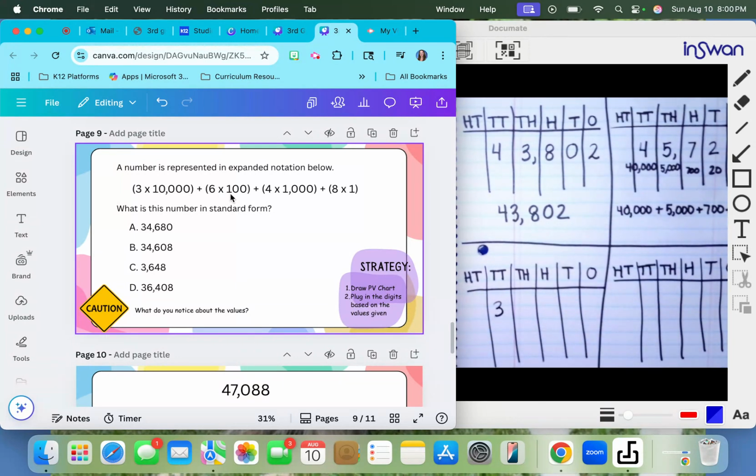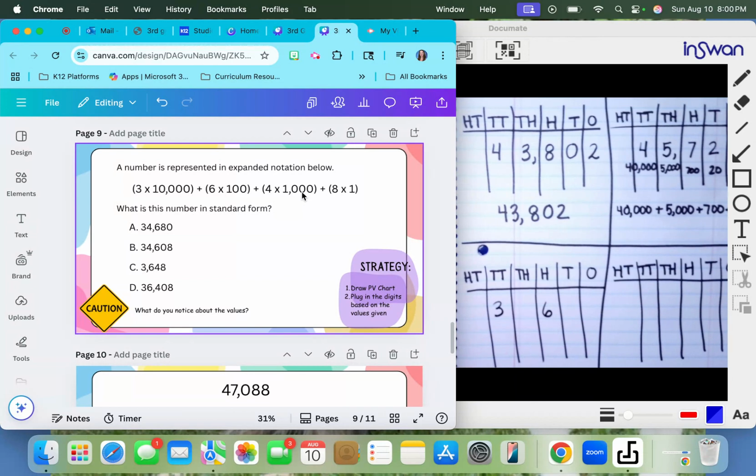Let's look at the next part. 6 times 100. We can think of that as 6 in the hundreds. Ooh, I'm noticing something here. Are you noticing something? 4 times 1,000, or 4 in the thousands place.